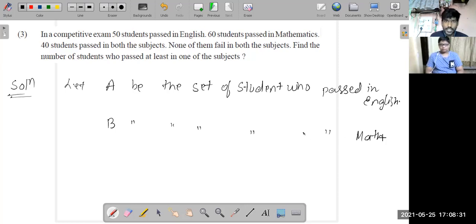Okay, so we are taking two sets, set A and set B. Set A is the students who passed in English, and set B is the students who passed in maths.